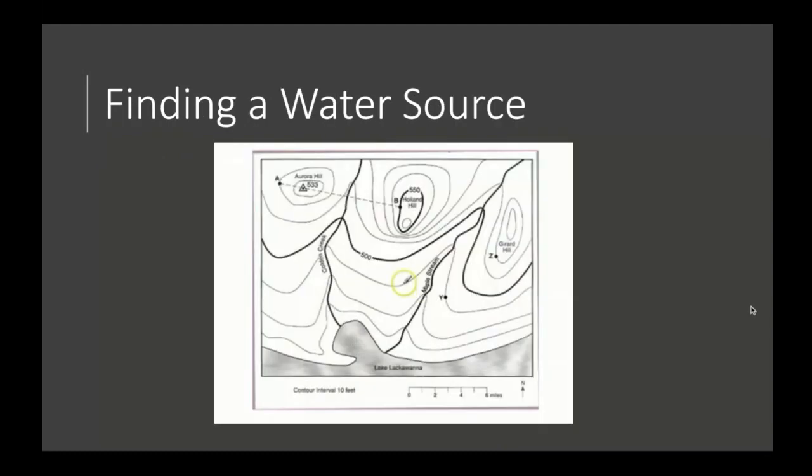So here's a really great example. When we're looking at this map, we can see that there is a creek. There are two creeks actually, and we want to find which way the water is flowing. Looking at this map, we can see that there are index lines and contour lines that create a V pointing towards the creek.